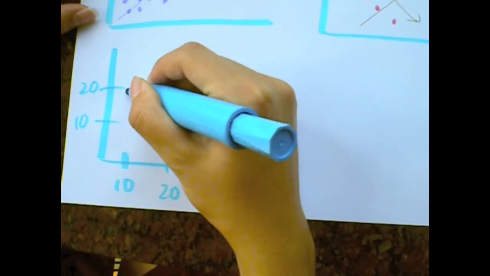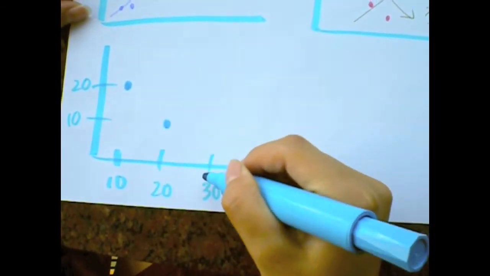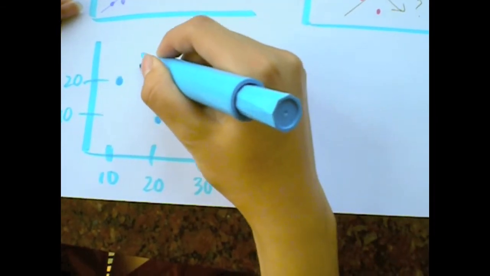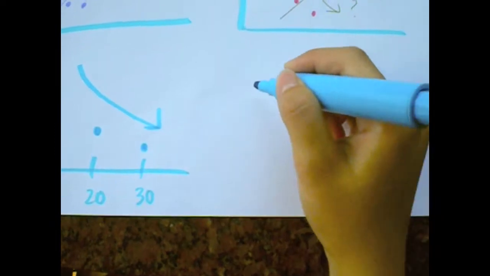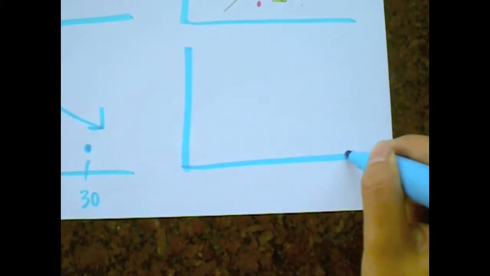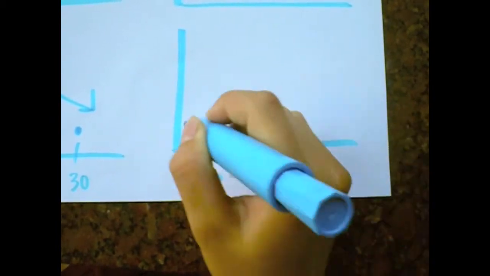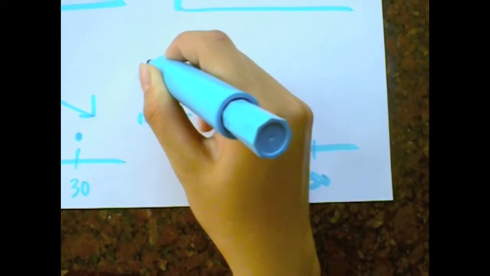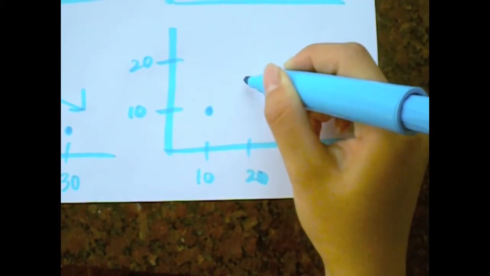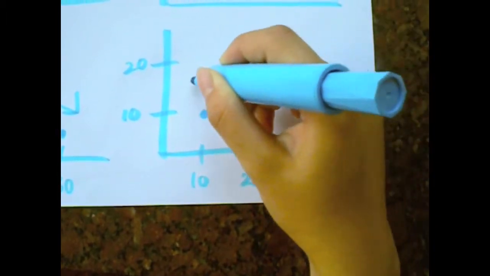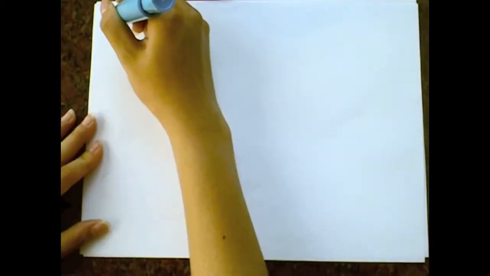If your x values are big but your y values are small, that means you will cause a negative direction. Conversely, if your x values are low, like so, and your y values are high, this will result in a positive direction.